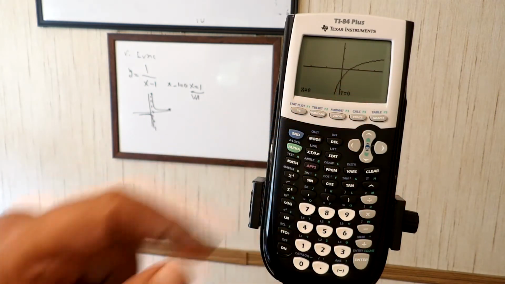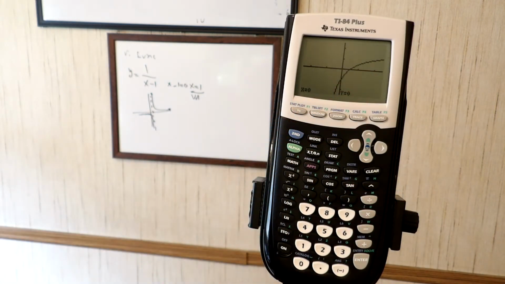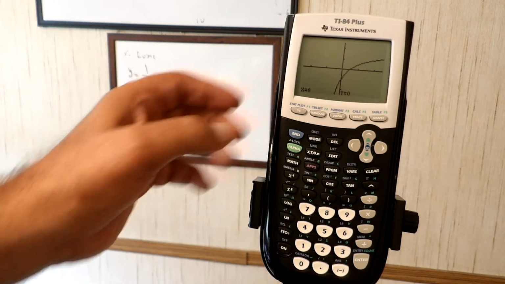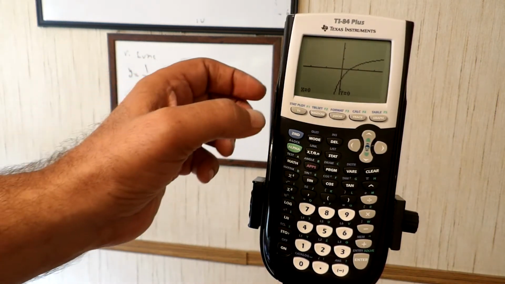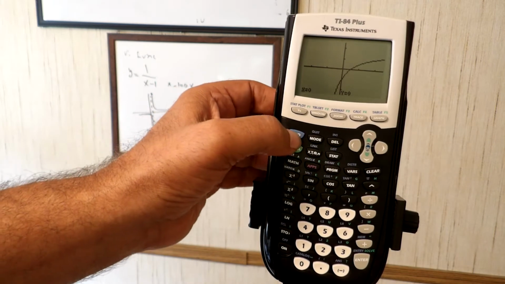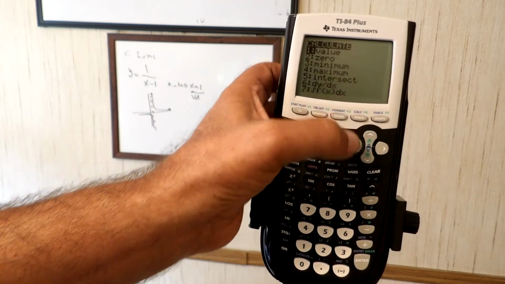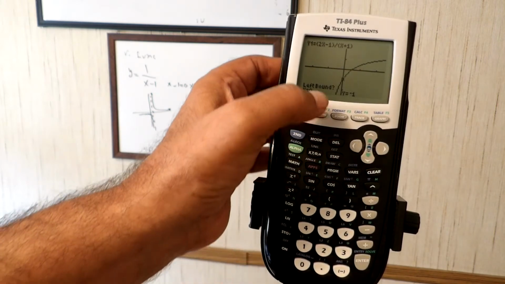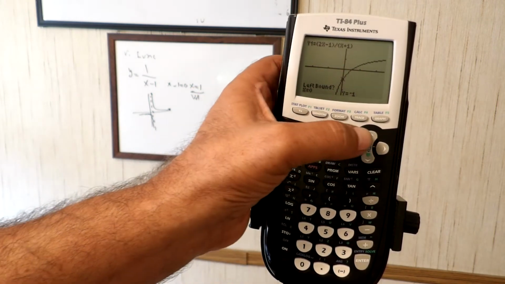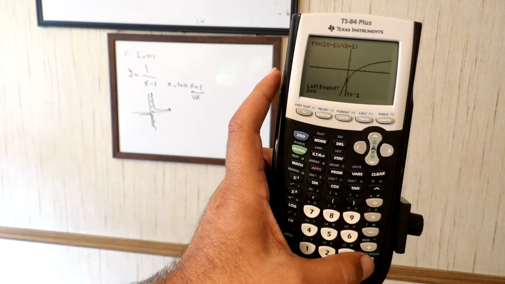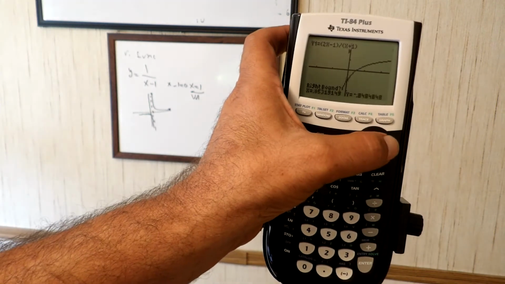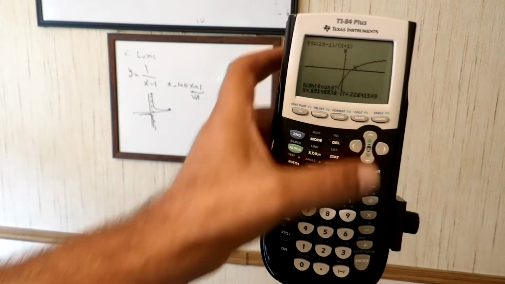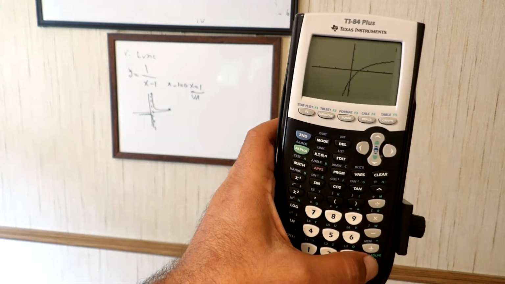Let's see what the interception is for the x-axis. We use second, calculate, zero, and then we set the left bound on this side and move it to the other side, and enter.